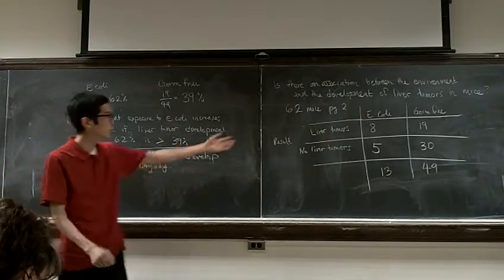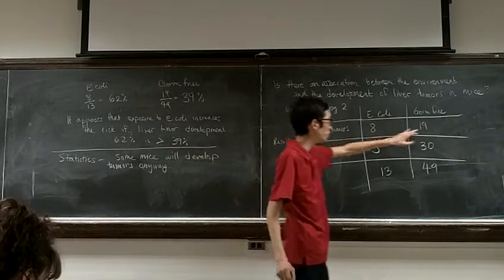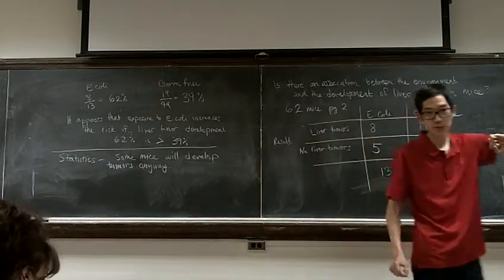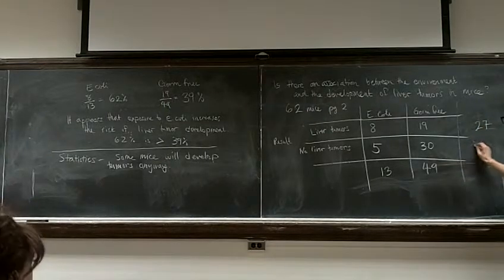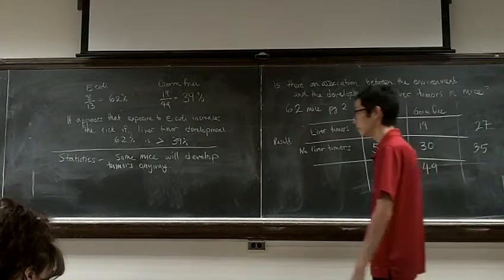Okay. So overall, how many mice developed liver tumors? 27 developed liver tumors, right? And 35 did not. Okay.